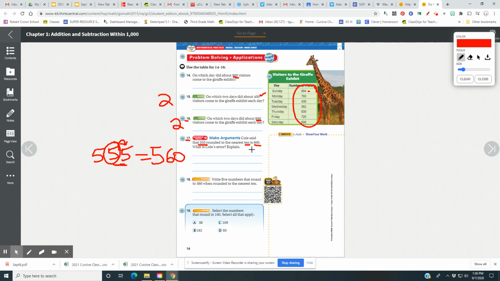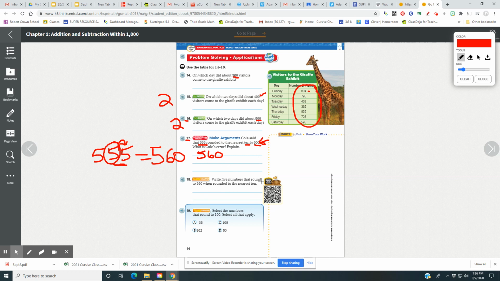So 555 to the nearest 10 is rounded to 560. He rounded it to the nearest what? So you would have to say he made the mistake of, that's your hint.